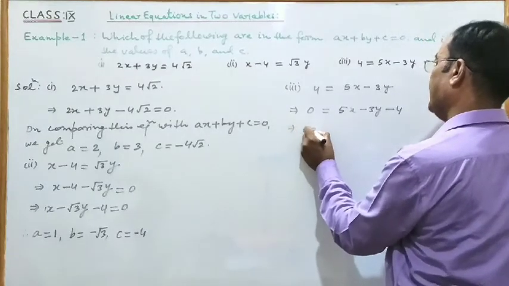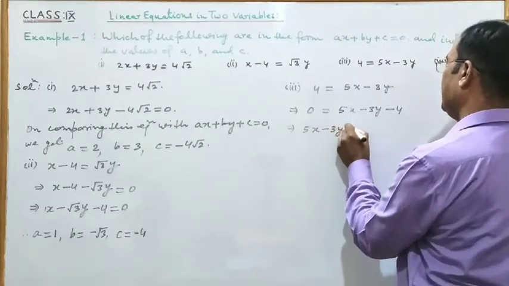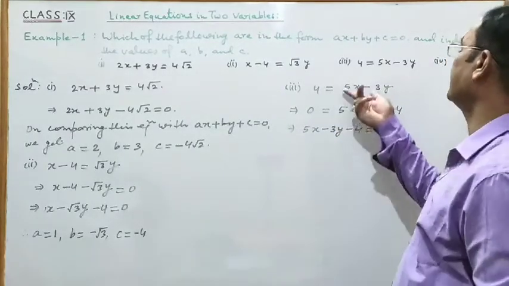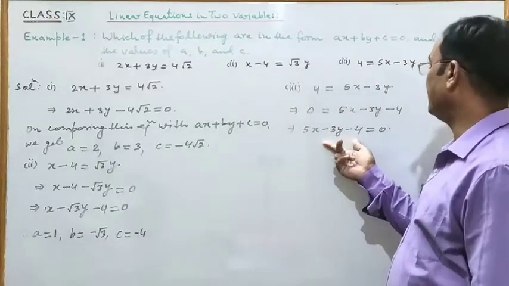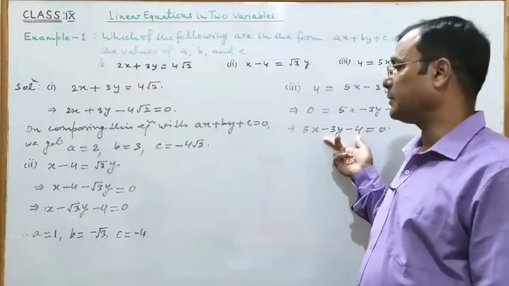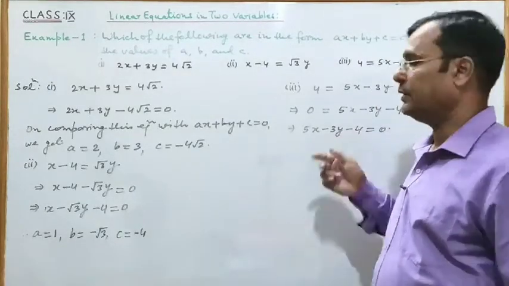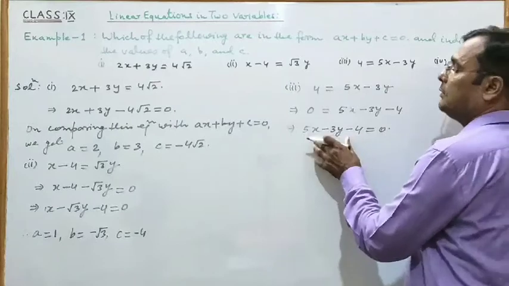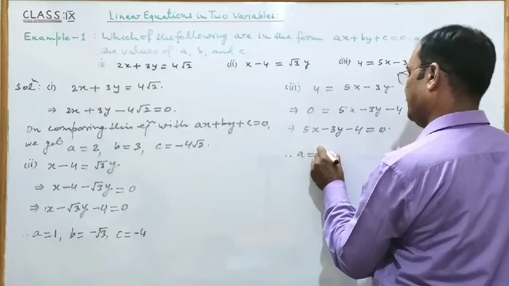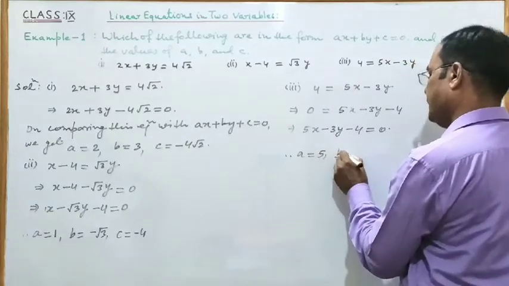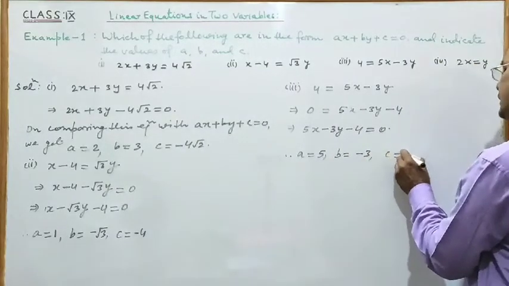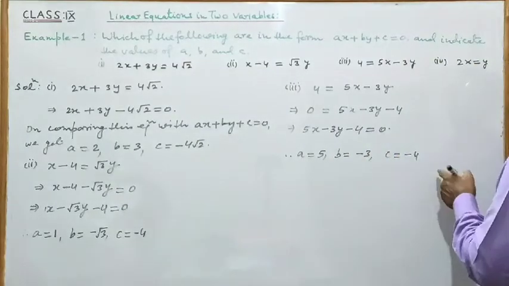We can write 5x minus 3y minus 4 equal to 0. And now this given equation is in standard form ax plus by plus c equal to 0. So comparing this equation with the standard form, we can write a equal to 5, coefficient of x, b equal to minus 3, coefficient of y, and c is equal to minus 4.